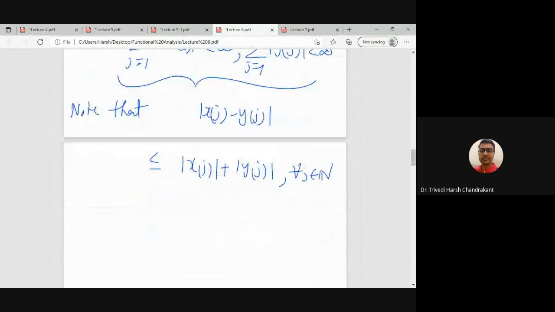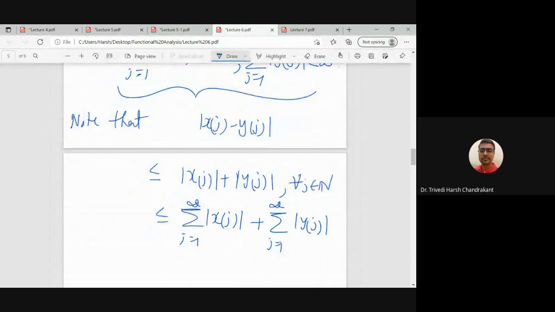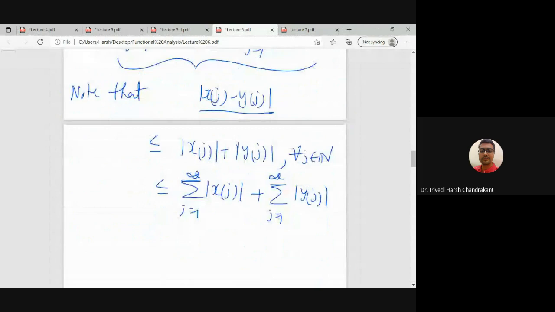And then we know that this is less than or equal to summation modulus xj. The second term is less than or equal to summation mod yj, right?